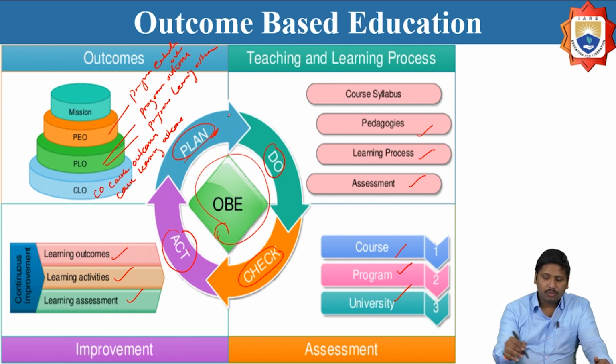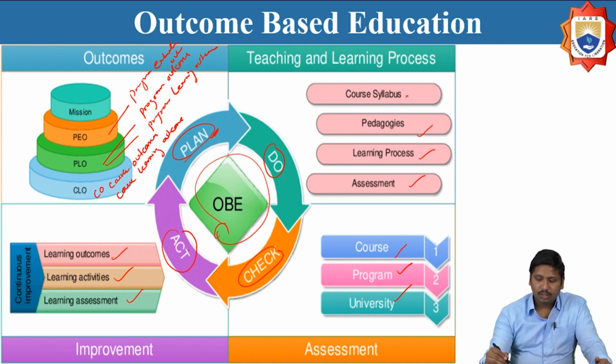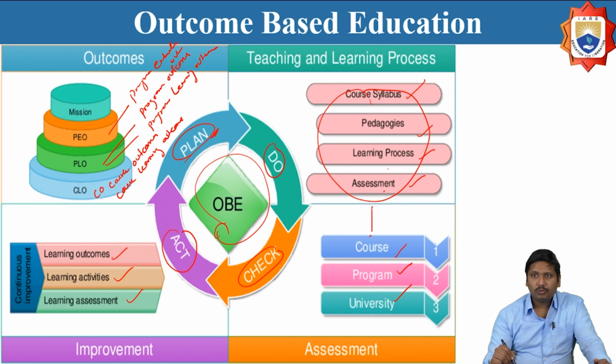So again, there is a cyclic process going on. We have to see whether any modifications are to be made in the course syllabus, pedagogies, learning process, and assessment. Again, we check whether the course is properly aligned and meets the requirements, and the program and university requirements as well.